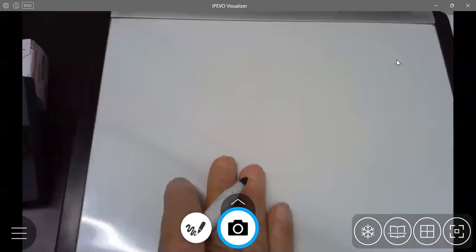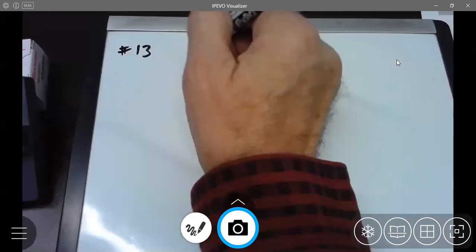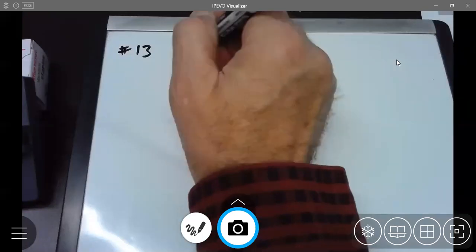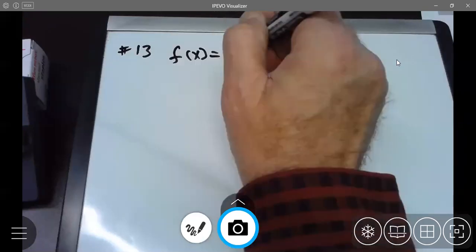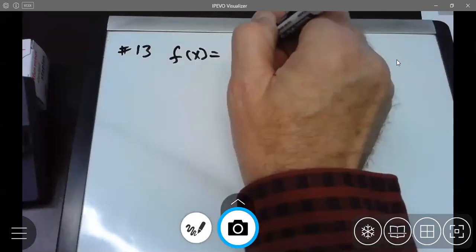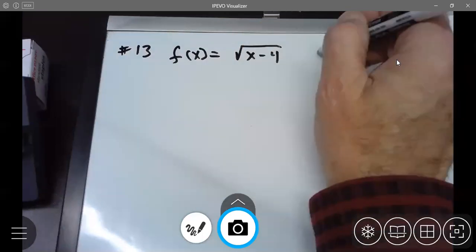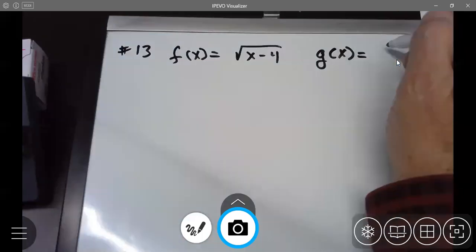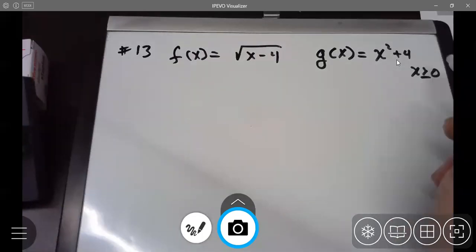So here's 13. We have f of x is equal to the square root of x minus 4, and g of x is equal to x squared plus 4, where x is greater than or equal to 0. Why did they put this restriction on here?